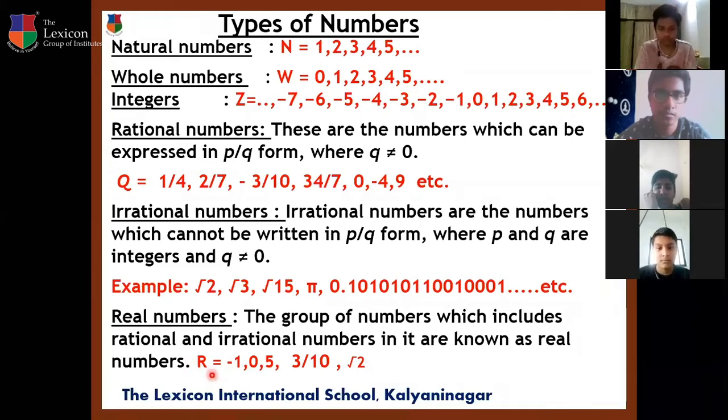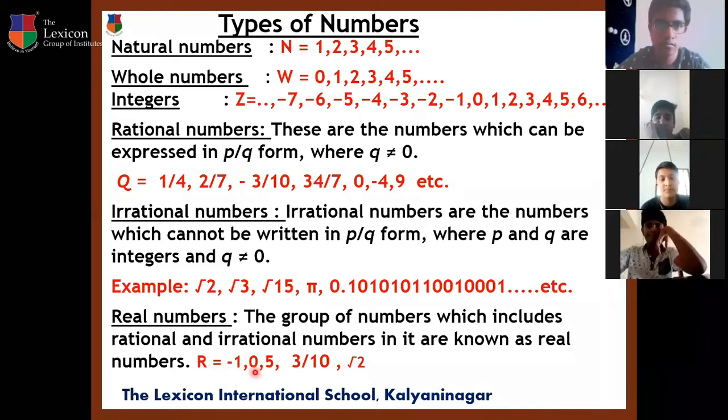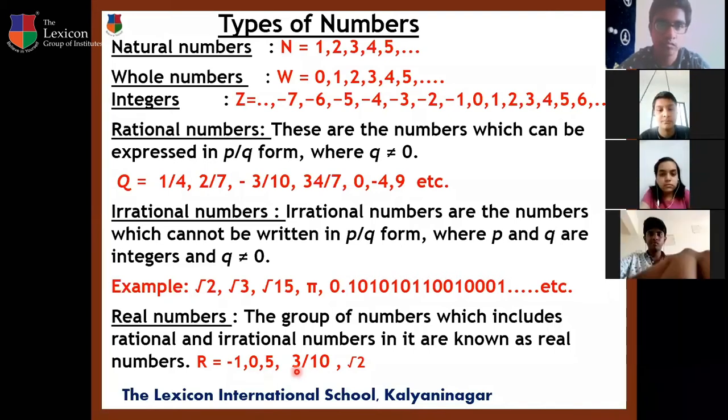Real numbers is represented by the letter R. In this there will be integers, whole numbers, natural numbers, rational numbers, and irrational numbers also. Okay, now once again, we have learned all this, but still we are going to represent it with letters.